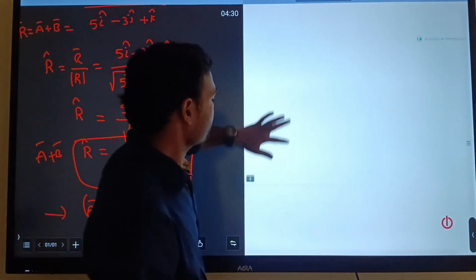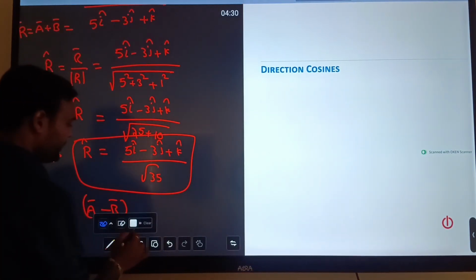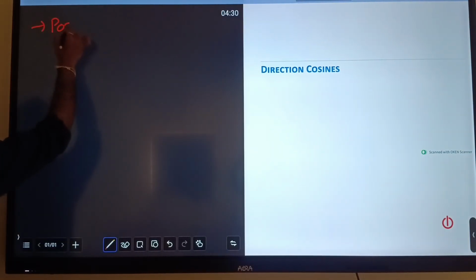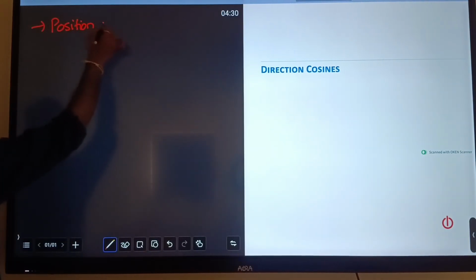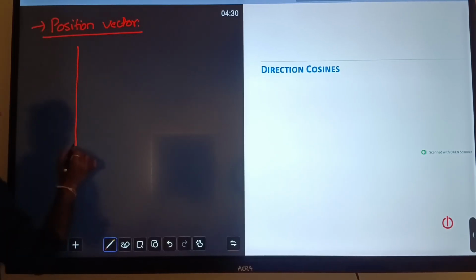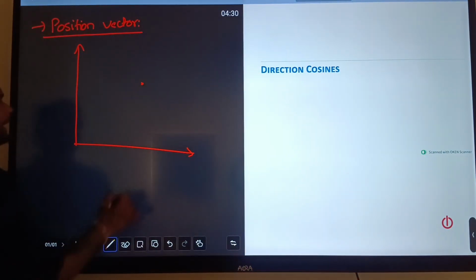Next part, direction cosines. Before we discuss direction cosines, I would like to tell you about the position vector. See here, let us assume it is a point.